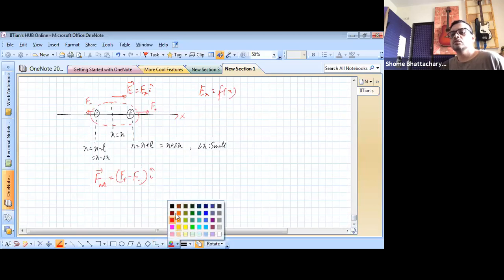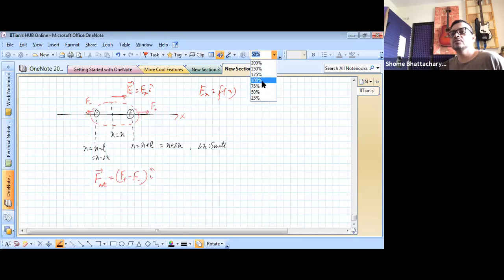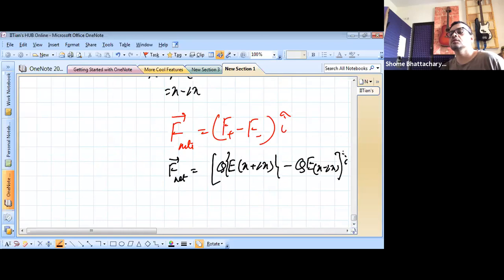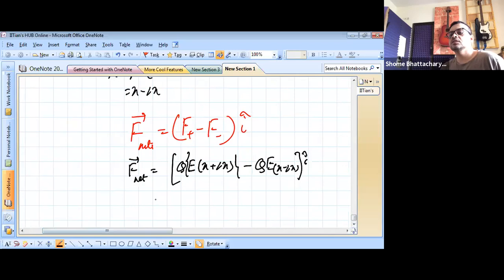To solve this, the trick that we use is that this net force becomes q into E at x plus delta x, minus q into E at x minus delta x, in the i direction. So it becomes q times E at x plus delta x minus E at x minus delta x.